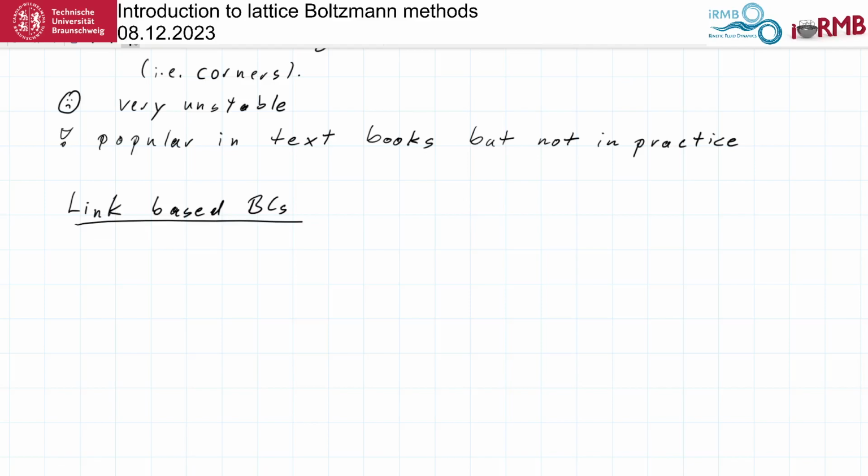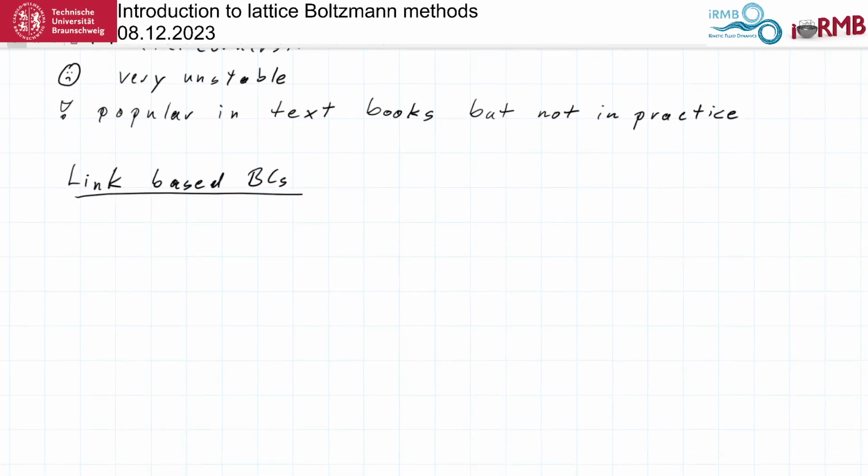By the way, this is also done in control volume methods. They don't put the boundaries on the node; they put it on the faces. So we do something similar here, but our problem is that we cannot move the faces, because we are on a lattice.